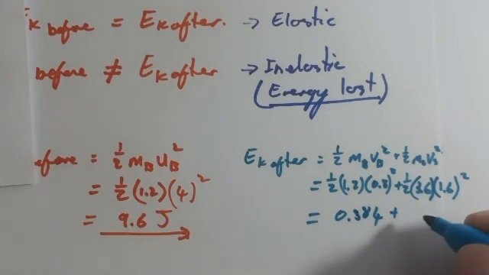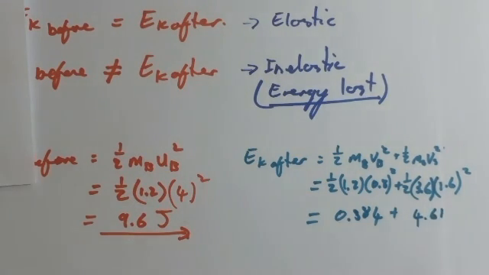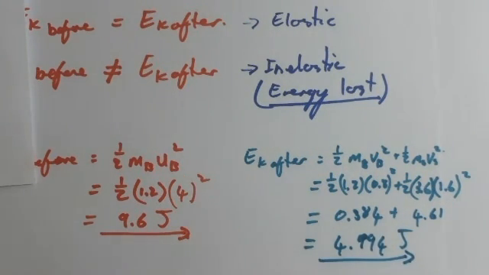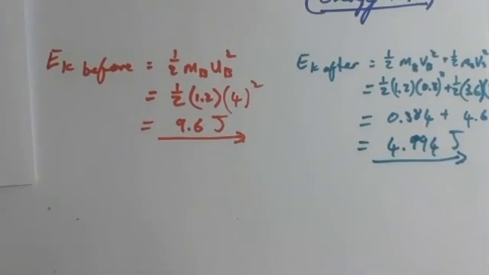This gives me 4.61. So if I do that, what do I get to? Well, not very much, 4.99994 joule.